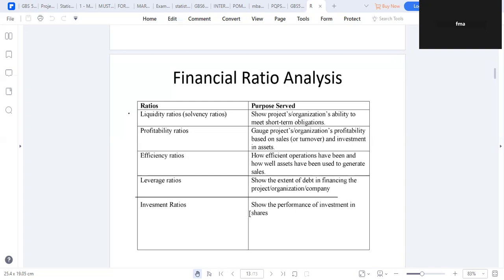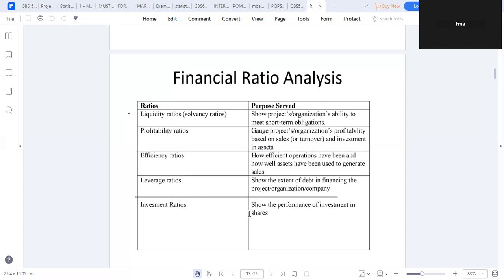Liquidity ratios gauge a firm's ability to meet its short-term obligations. Profitability ratios show the firm's ability to make excess revenues over expenses. They gauge a firm's profitability based on sales or turnover and investment of the assets.